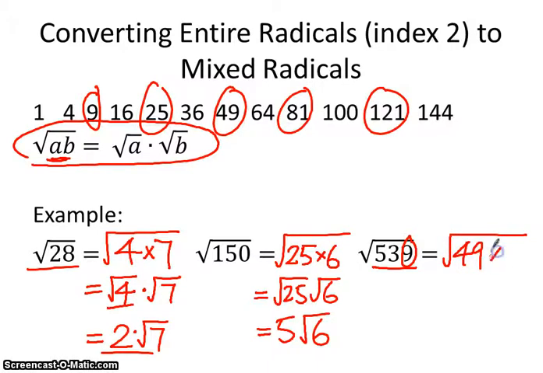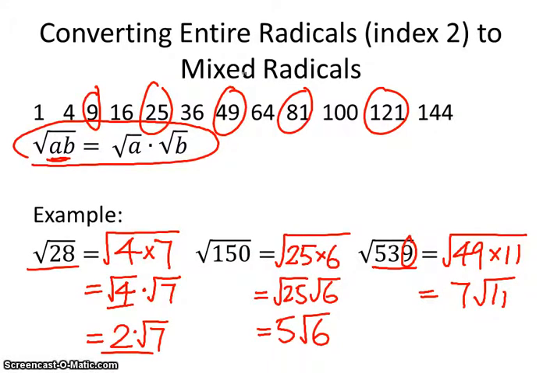So 49 times 11. And now we can skip a step. Like the next step is root 49 times root 11. But root 49, we know is 7. So you just jump to the answer like that.